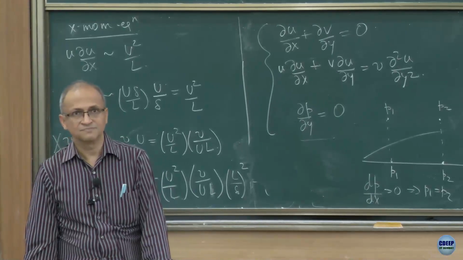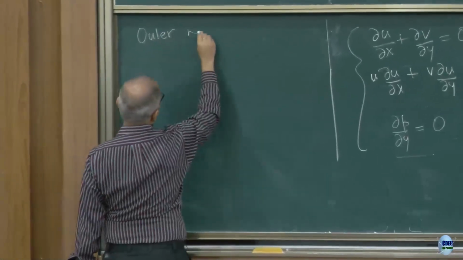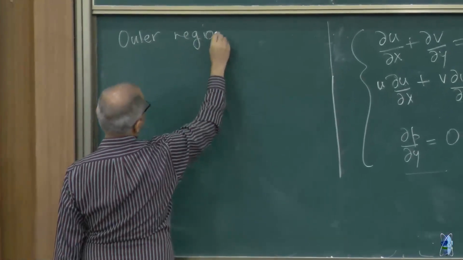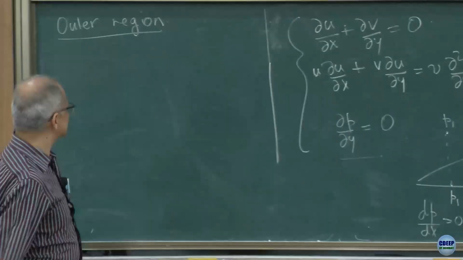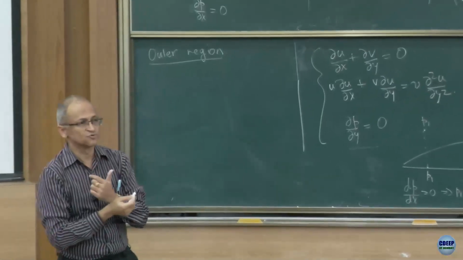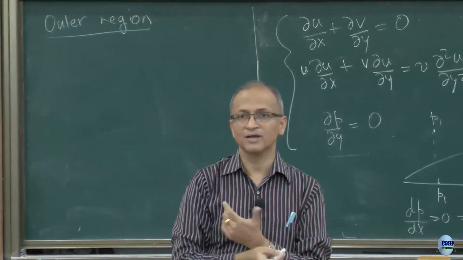Is this clear? Now, before moving ahead, let us also look at what is happening in the outer region. So this is what is happening in the boundary layer region. What is happening in the outer region? The flow is inviscid, right? Why?